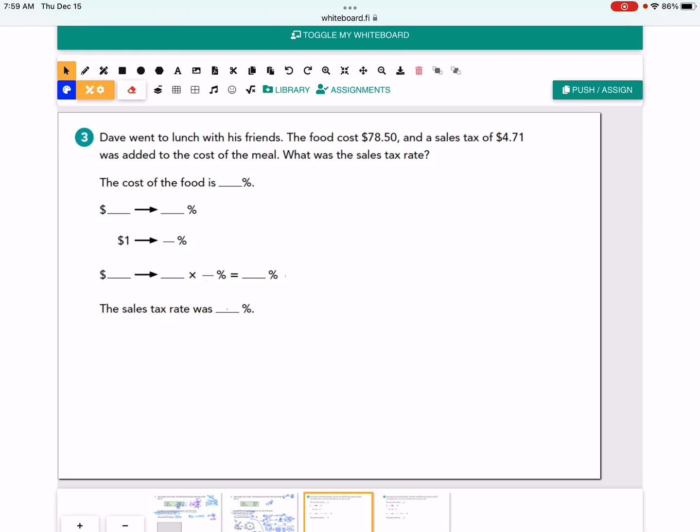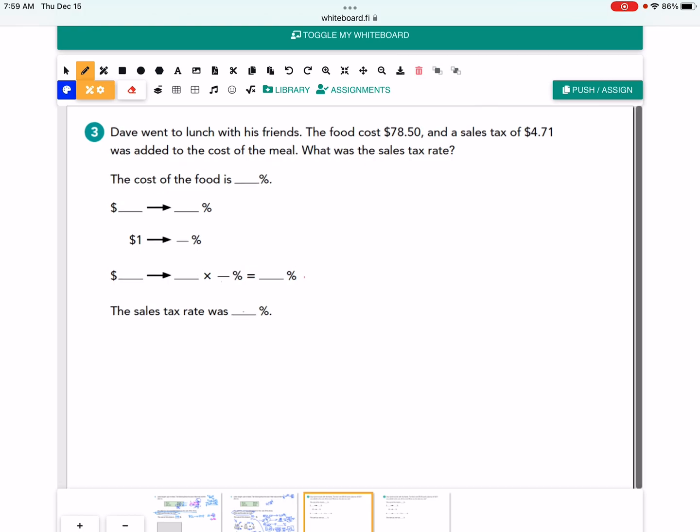All right, so just remember, before you get rolling on this, that figuring out what the base is is the key to figuring out what percentage of tax we are dealing with. So that's the first question. Pause the video, come back to me when you've got it done, and we will go over it.